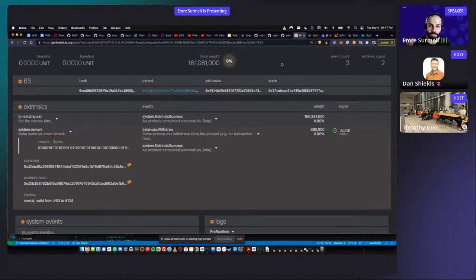And you can do something like, if you were to check the uniqueness of the bytes, you can check all the system.remark calls on the chain to see if a specific type of NFT exists. And if it exists, you won't allow it to get created again, making it unique. So that's one use case of system.remark.